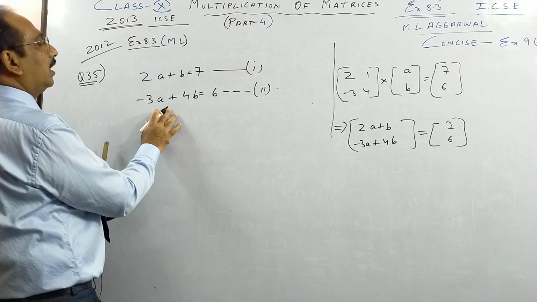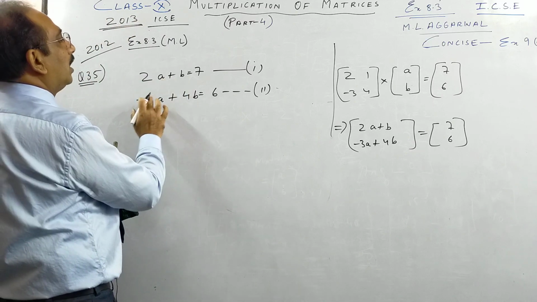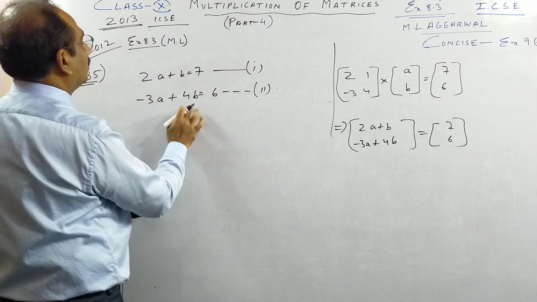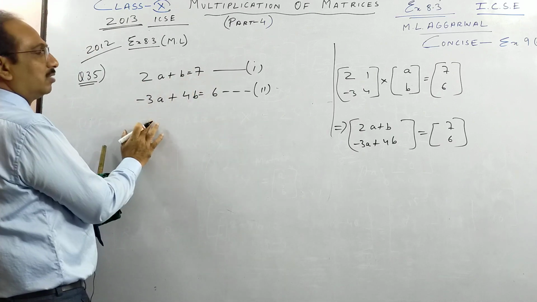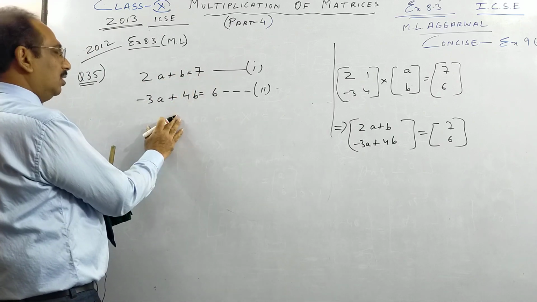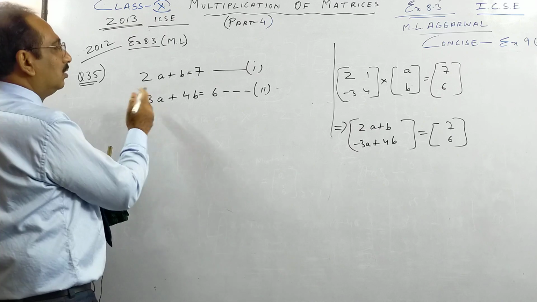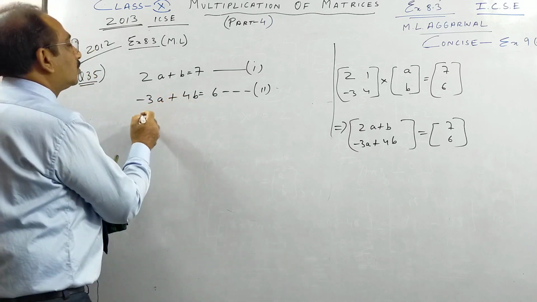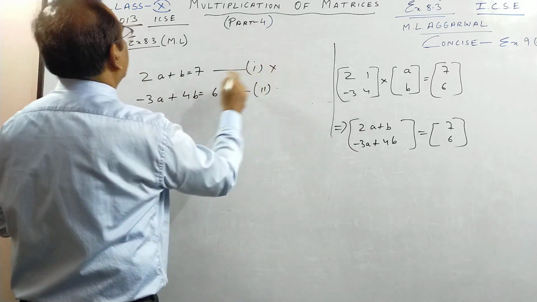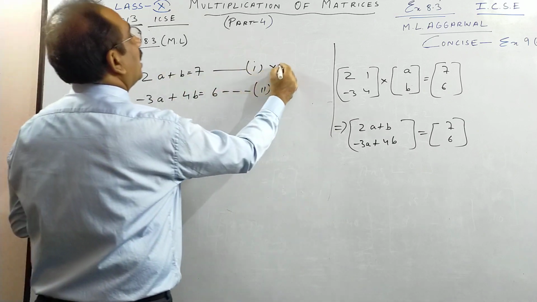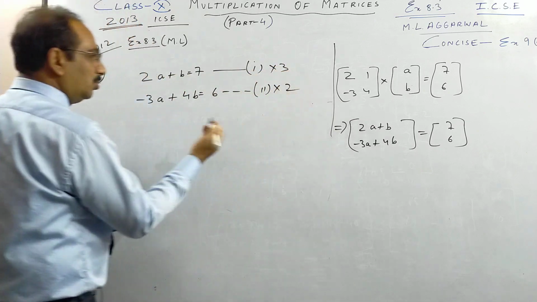What do I do? I'll make this coefficient equal, or you can make this one equal. So I'm making b equal. You can make a equal also, any way you can do. So let this we multiply by 3 and this we multiply by 2.